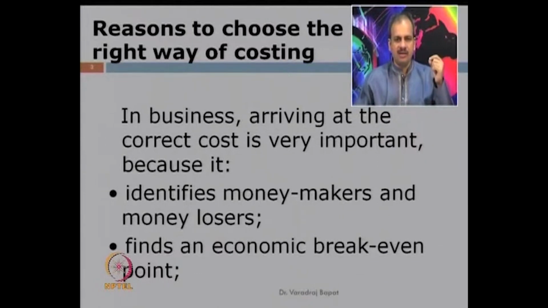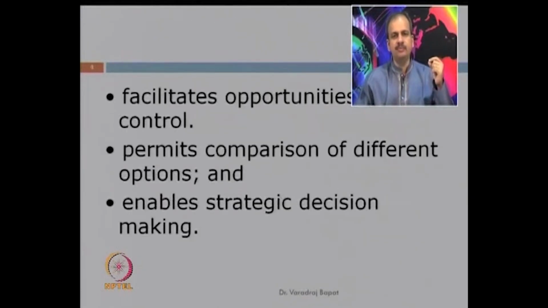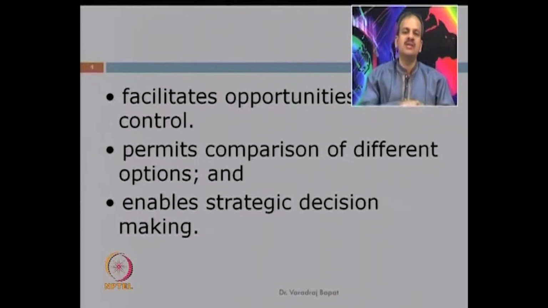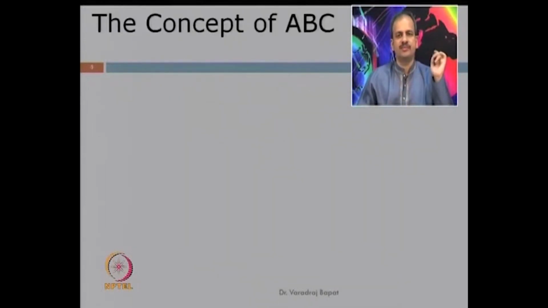We can find an economic break even, it facilitates the opportunities for cost control, it permits the comparison of different options, and it enables strategic decisions. So strategic decisions like the company may want to automate a process, it may want to outsource. So various types of decisions can be taken based on the cost information.